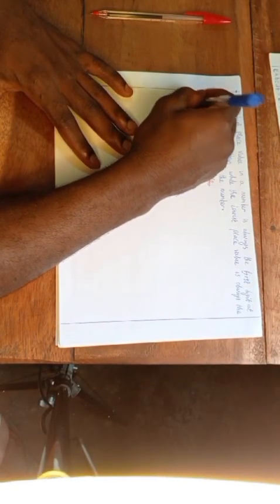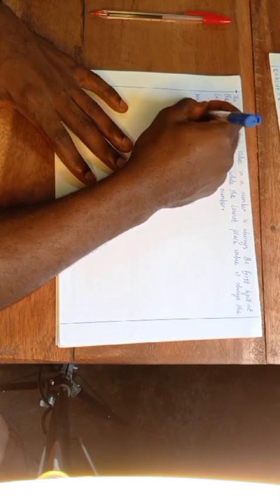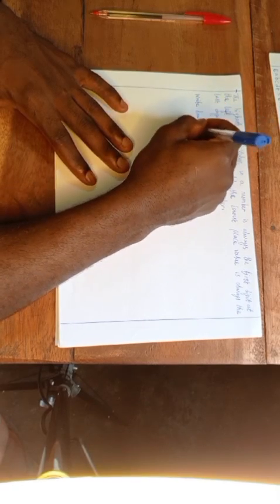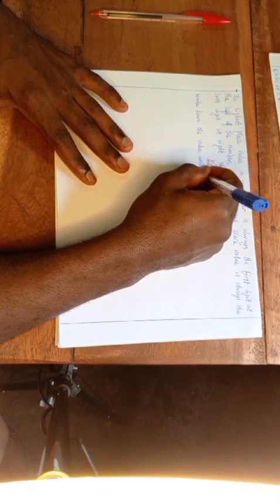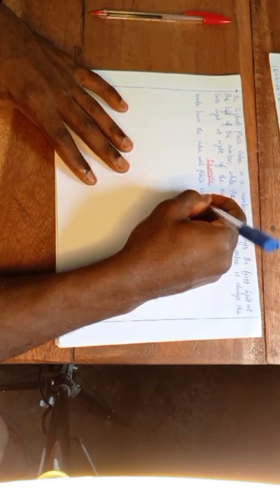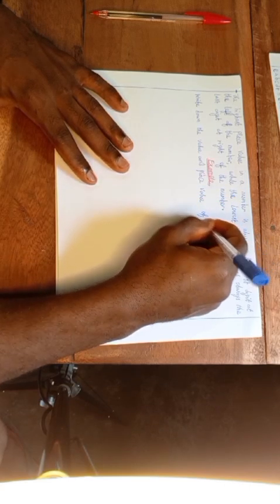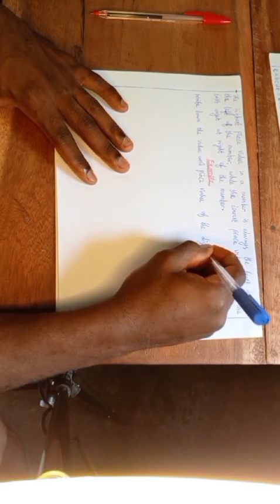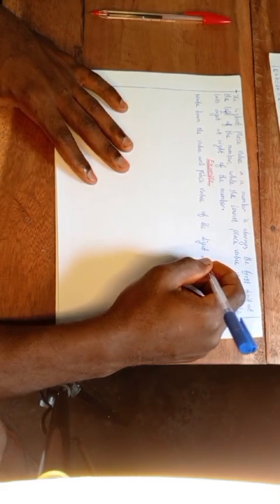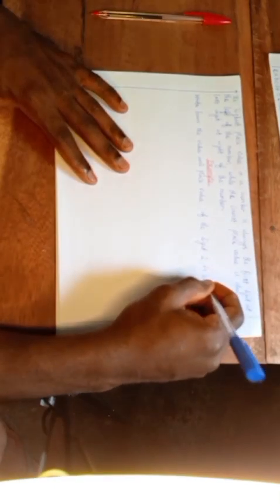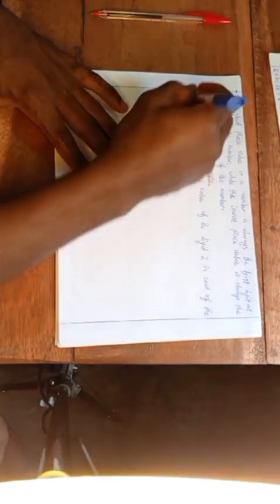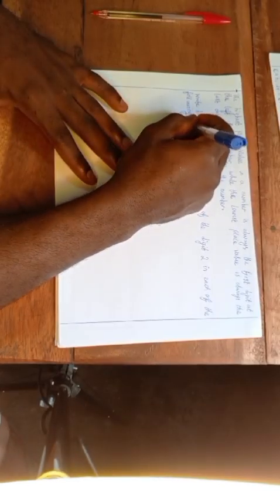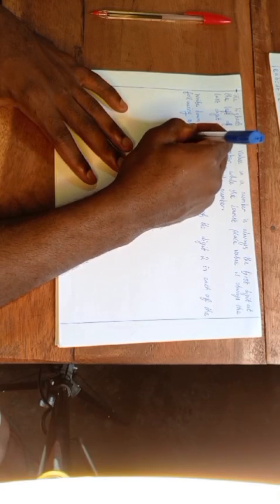It goes: write down the value and place value of the digit 2 in each of the following numbers.